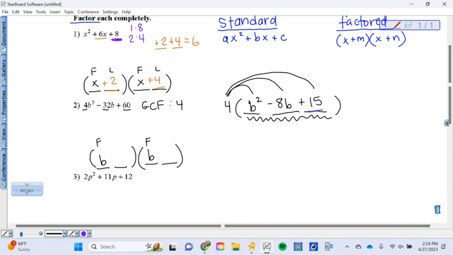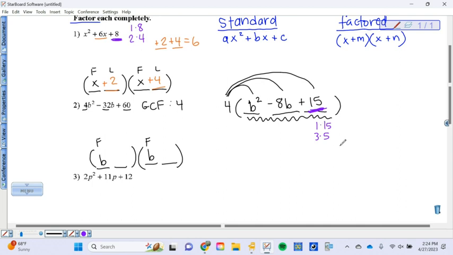What are my factors of 15? 1 and 15, 3 and 5. Which of those pairs are going to get me to 8? 5 and 3 get me to 8.